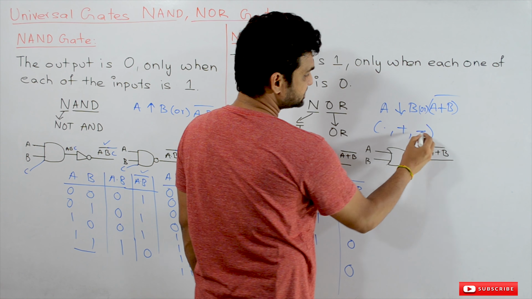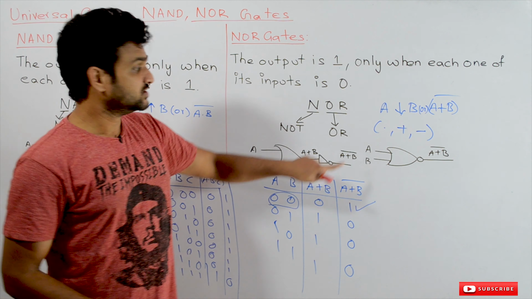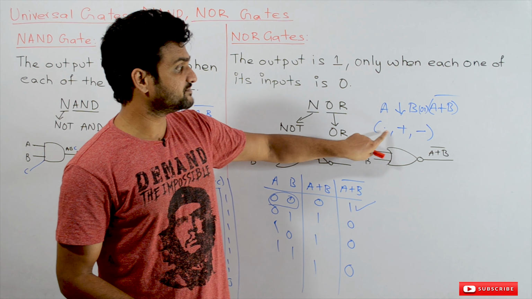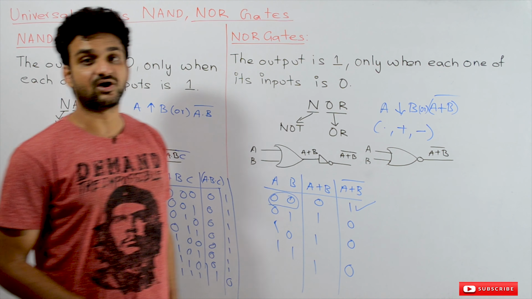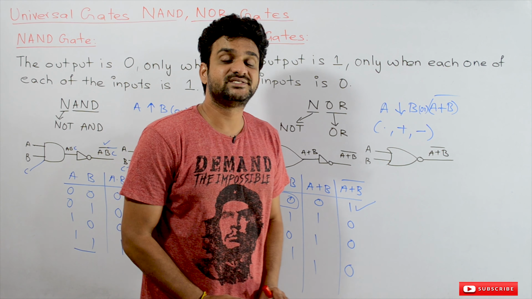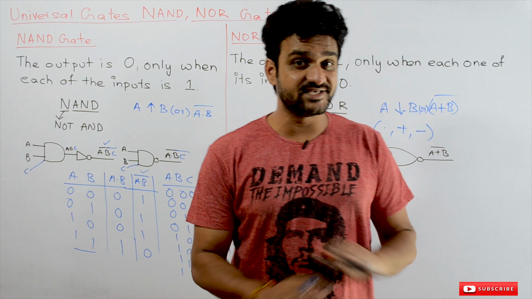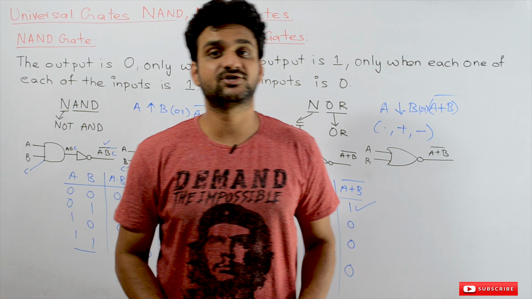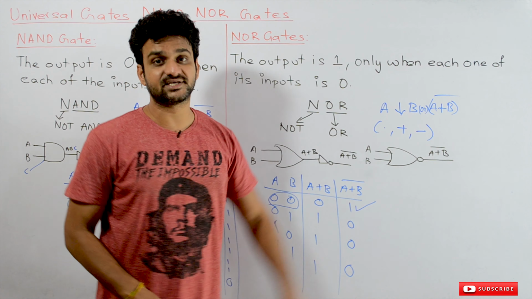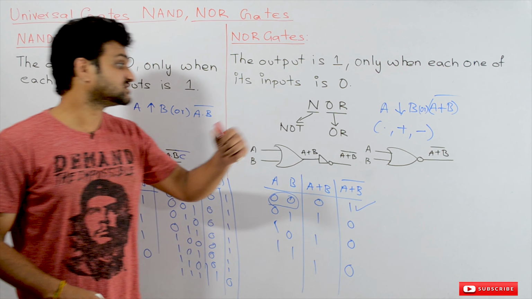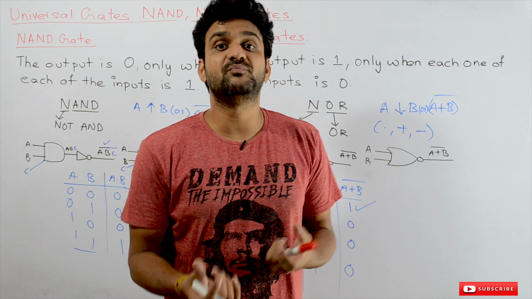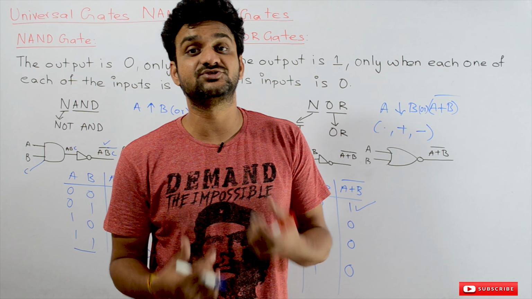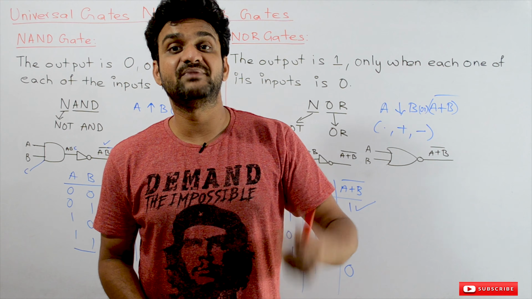These are the representations of the operations: AND is represented by a dot, OR is represented by a plus, and this is the NOT representation. Any digital circuit can be constructed using these basic gates. But the problem with these basic gates is for the manufacturer: which combination of gates is to be manufactured?